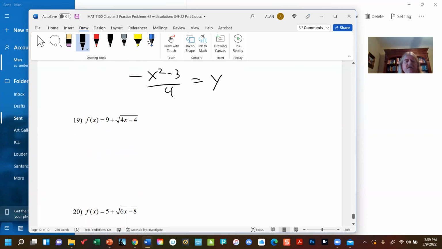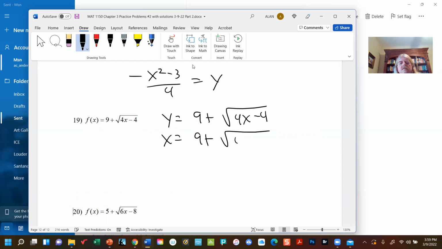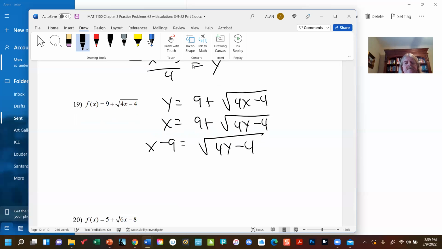And you can see these are fairly similar to each other. So again, reverse the role of the x and y. Now we have to square.